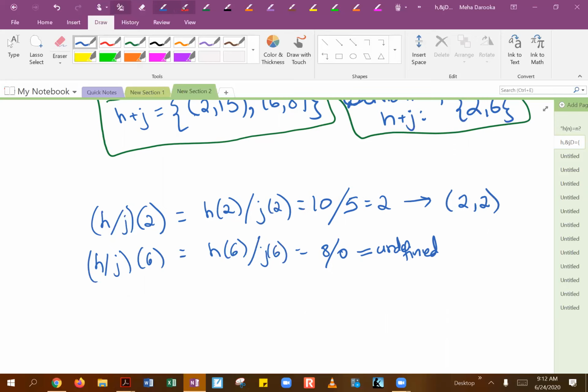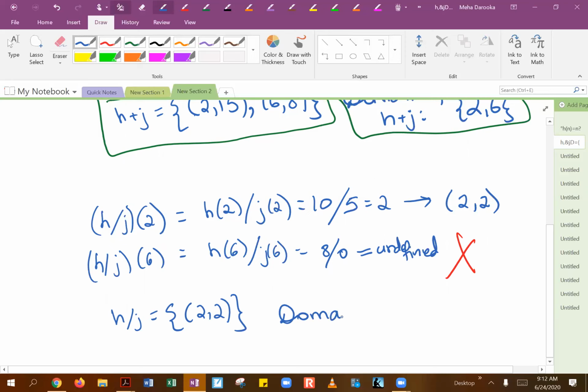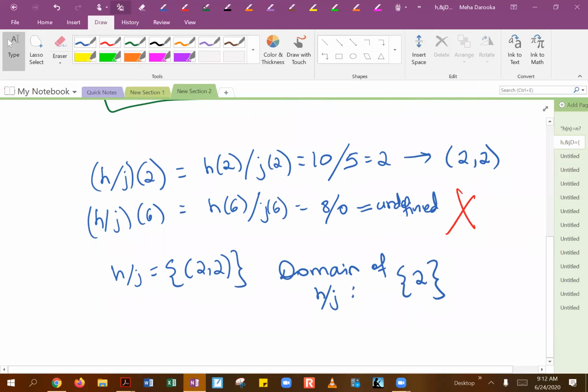So this guy we cannot use in our ordered pair, which means your h divided by j function is only going to have one ordered pair, which is that 2 comma 2, and which also tells us that the domain for this division is only going to have one value in it, which is this x value of 2, and that's all that h divided by j function is going to be.